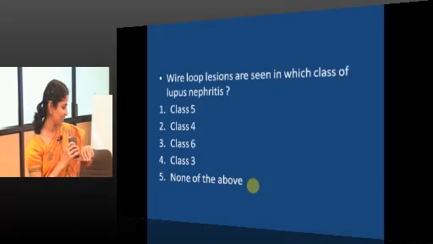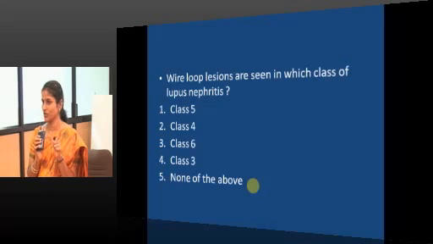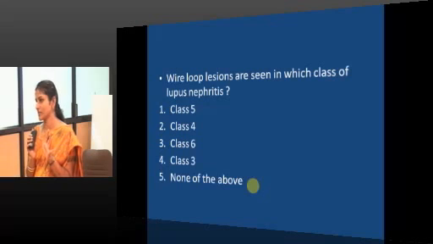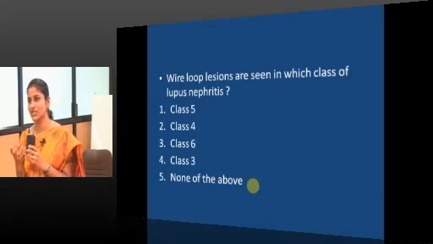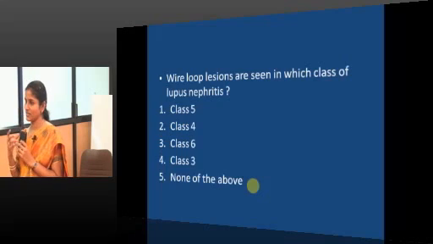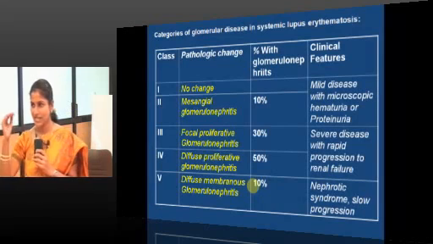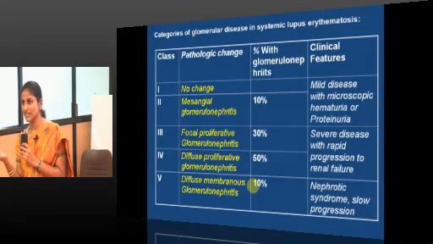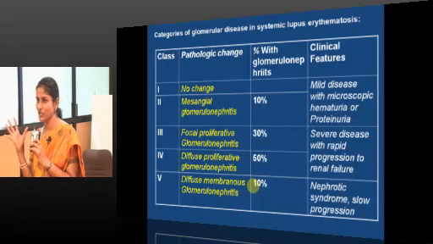Wire loop lesions are seen in which class of lupus nephritis? Actually, the question is wrong. Wire loop lesions are seen most often in which class of lupus nephritis? What do they indicate actually? So, SLE, lupus nephritis, we have how many classes? 6 actually.